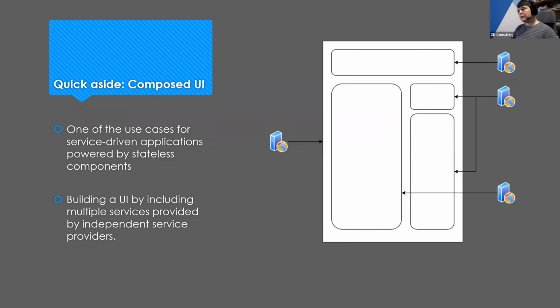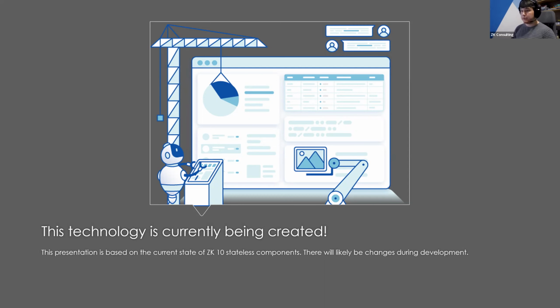Okay, let's go to the demo shortly. But first, a word about what you're going to see from the code. This is a technology that is currently being created. There might be some differences between the final product and what you're going to see today, either because we will improve on some of the points, or because we will receive feedback on other elements, or simply because we will find that there is a better way to arrange the different pieces of that feature.